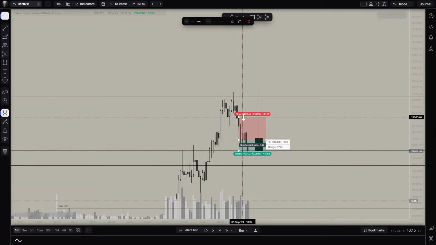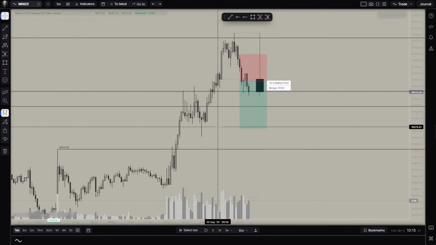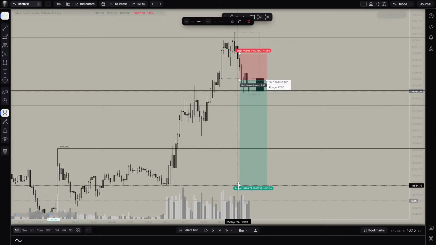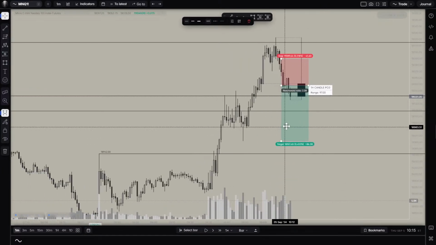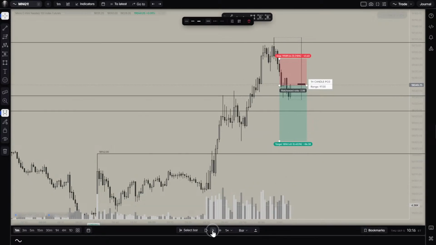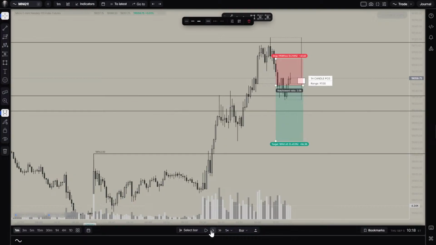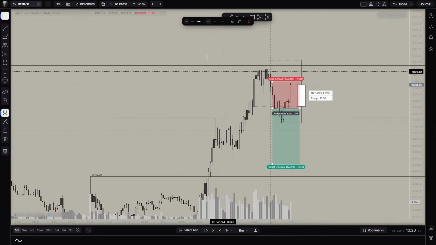Okay. We could have taken this trade, but we have a good incentive to the downside also. Let's see, do we get this trade? No. I don't think so because price will be choppy from here. Or it will move to the upside.